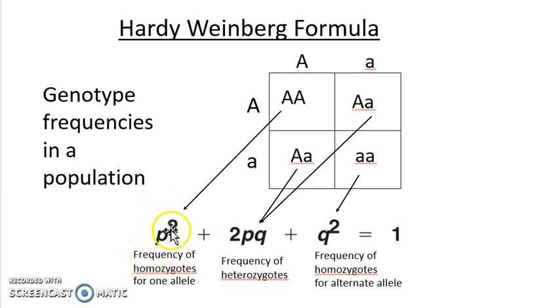So now we've got P squared. We have two boxes right here where it was the probability of P and the probability of Q. So there's our PQ, and then there's two of those. And then we take a look at this one over here. What's the probability of both recessive alleles being in that population of individuals? There's your Q squared. And this is what's known as the Hardy-Weinberg formula.